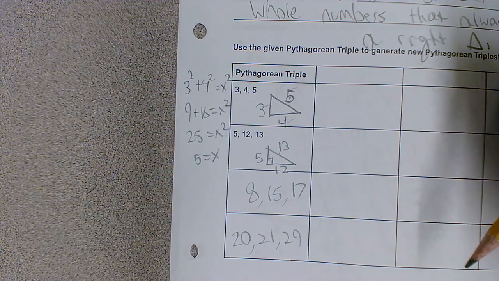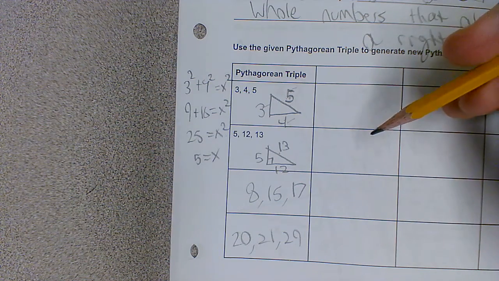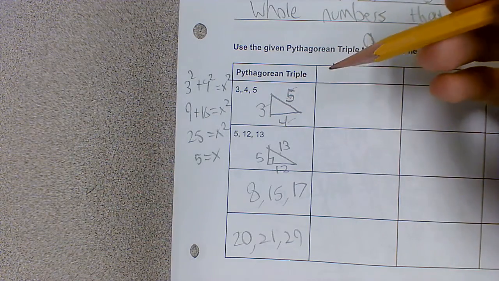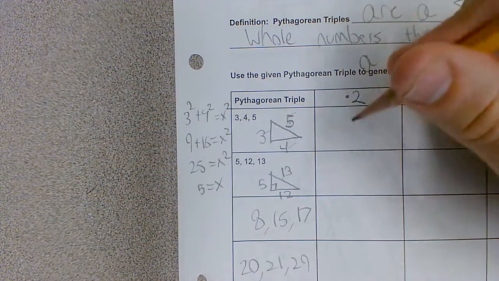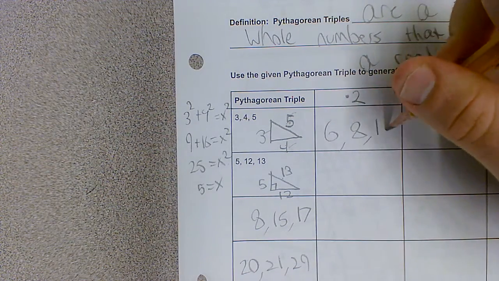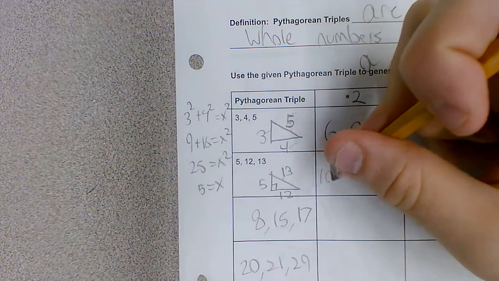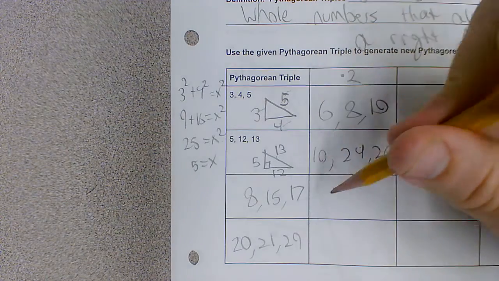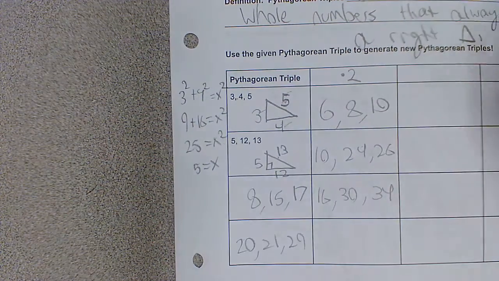Now, the other thing about Pythagorean triples is that their multiples are also Pythagorean triples. So not only is 3, 4, 5 a Pythagorean triple, but if I multiply it by 2, 6, 8, and 10 is also a Pythagorean triple. 10, 24, 26 is also a Pythagorean triple. 16, 30, 34 is also a Pythagorean triple.